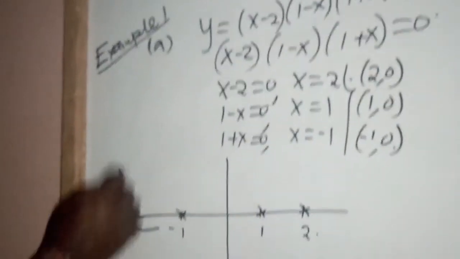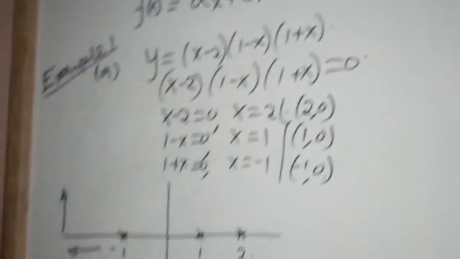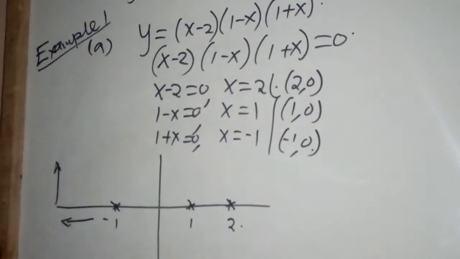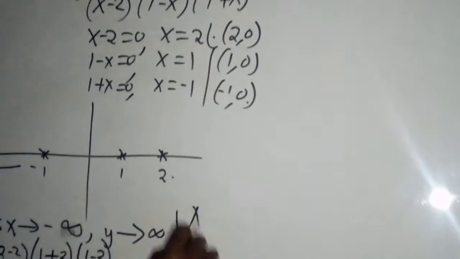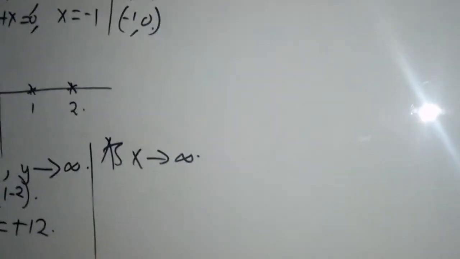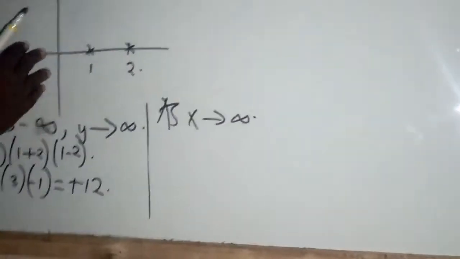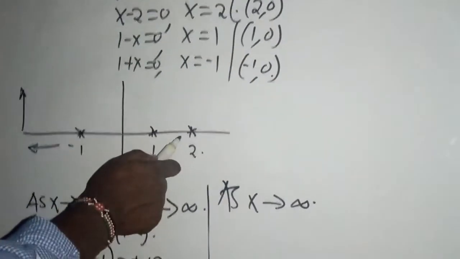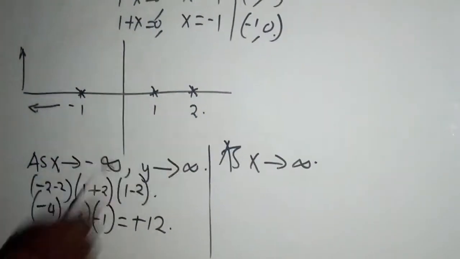So this graph is coming from this end. But let us examine as x approaches positive infinity. What happens to y? It means now x has to be one value above the maximum root, which is 2.